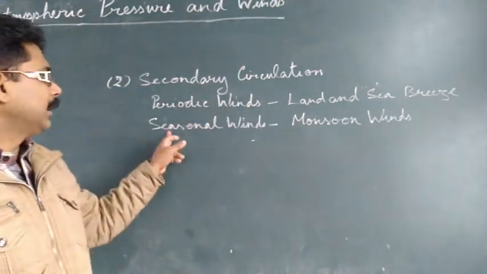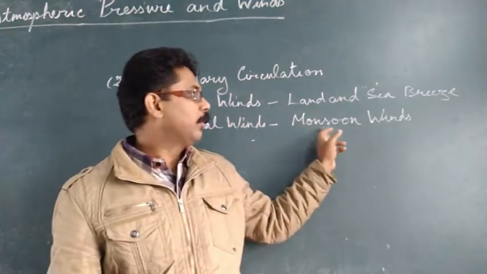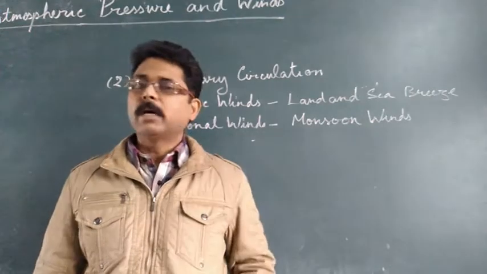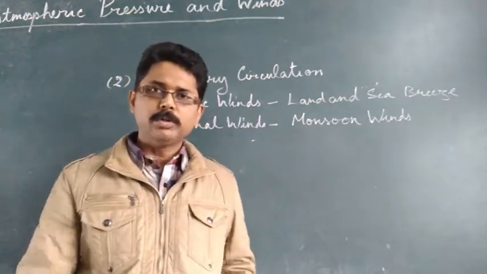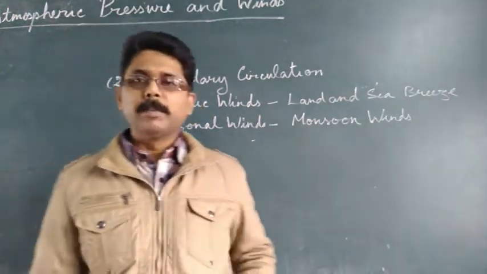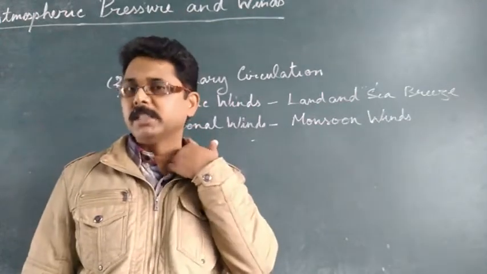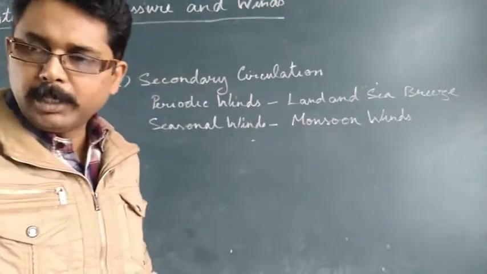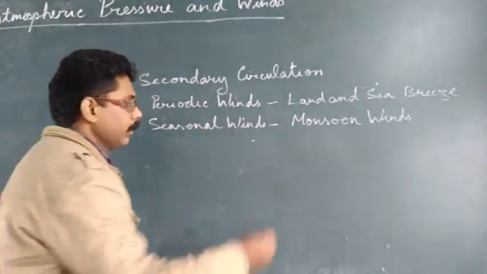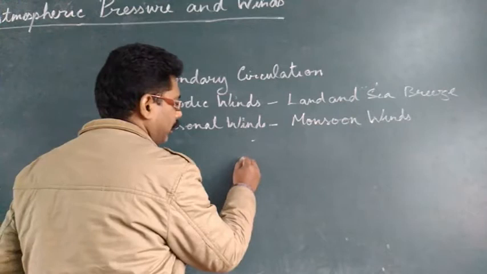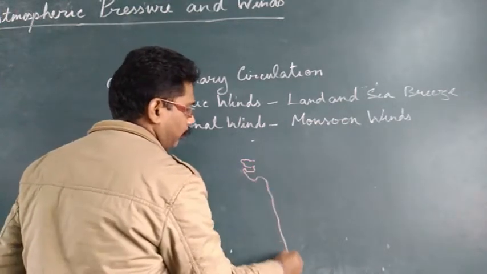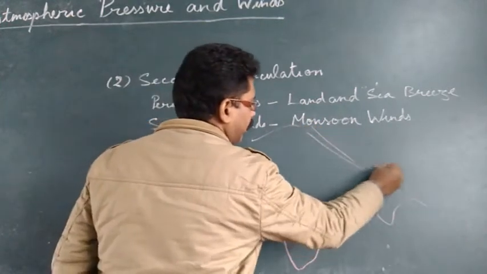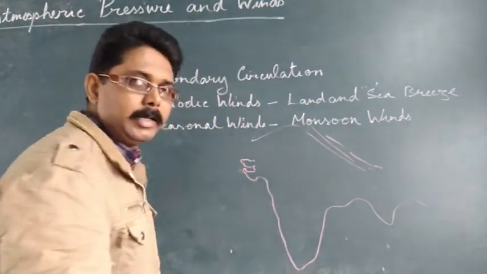Second thing, seasonal winds. The monsoon winds are an example. Now what happens in India? In South Asia, including India, for six months in the summer season, the wind blows from the southwest direction. Let me explain with a small diagram. Here are the mountains, because these mountains act as a barrier.